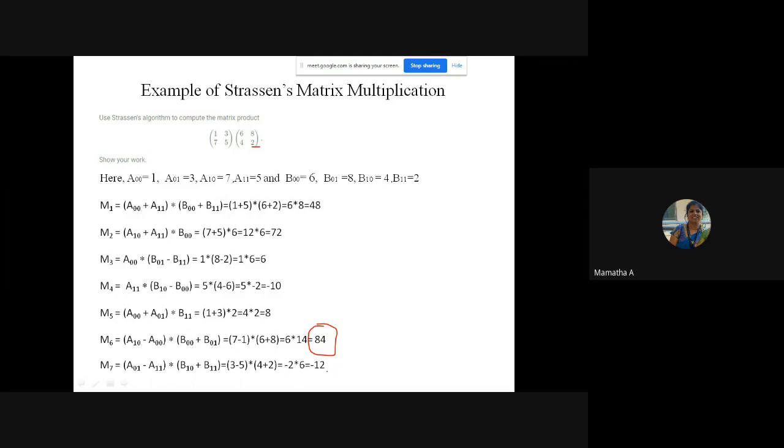Now, using the values of M1 to M7, I should give the product of these two matrices. Okay. If you could remember, what is the first element in the resultant matrix? What is the formula? Or if you have written it down, you can tell. No issues. How do I get the first element of my product matrix?